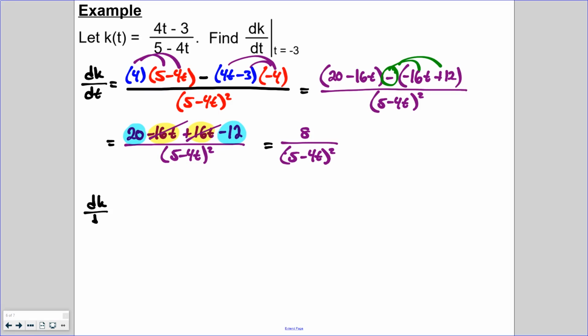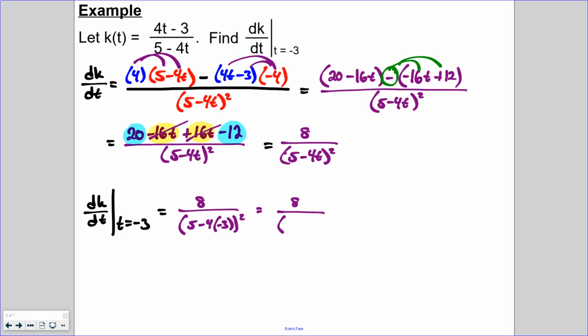So we'll take dk dt when t equals negative 3, and we're just going to substitute negative 3 into our derivative. So that's going to give us 8 over the quantity 5 minus 4 times negative 3 squared. And then we can continue to simplify the denominator.